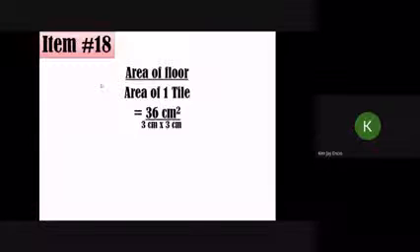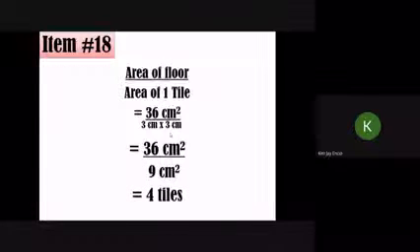The area of a square is side squared, or s times s. So you have here 3 cm times 3 cm. This simplifies to 36 cm squared over 9 cm squared, which is 4. Therefore, you need 4 tiles.